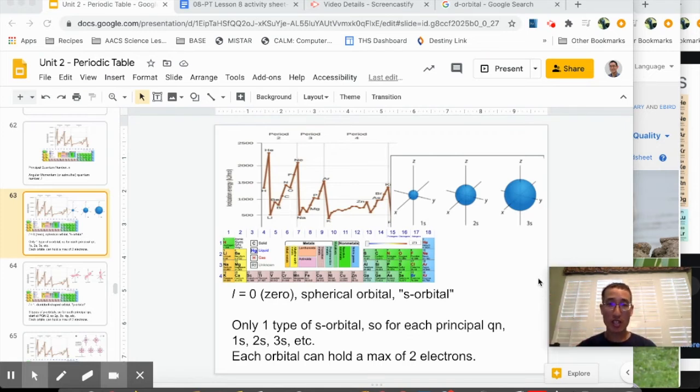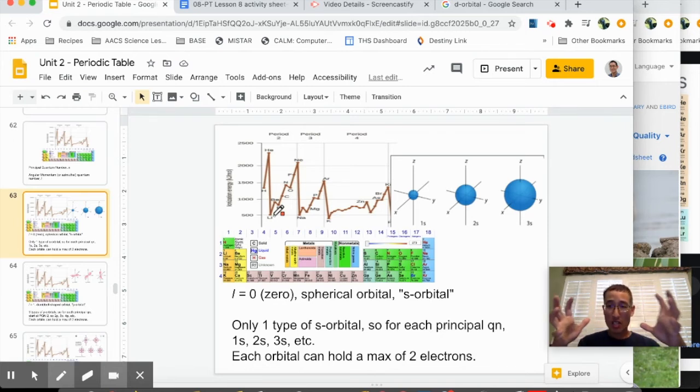And for every principal quantum number, there is a spherical shaped orbital. So for instance, if energy level is 1, there's a 1s orbital. Remember, the first two elements are in the first row, so they're the closest. If I go a little further out, the 2s is a little further out. So the next 2 electrons for lithium and beryllium go in this 2s orbital.